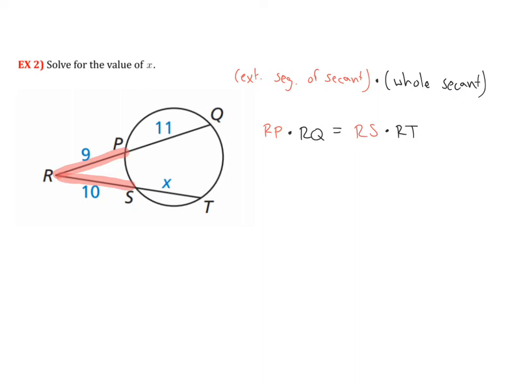Now, let's carefully substitute in. RP is 9 units long. But when I multiply it with RQ, keep in mind again that RQ goes all the way from R to Q. So if I want the whole length of RQ, I need to take 9 and add it together with PQ, which is 11.